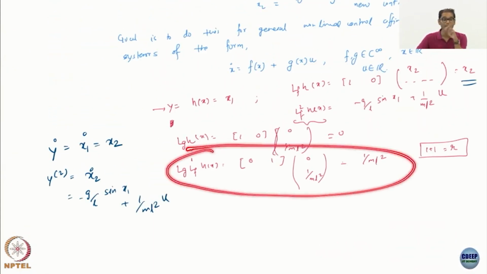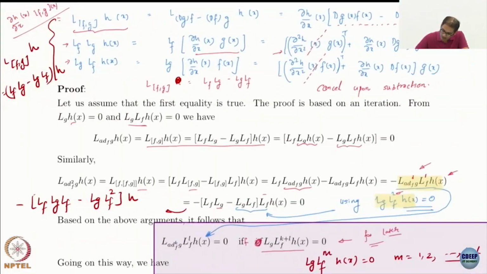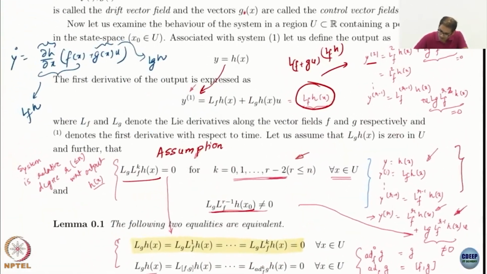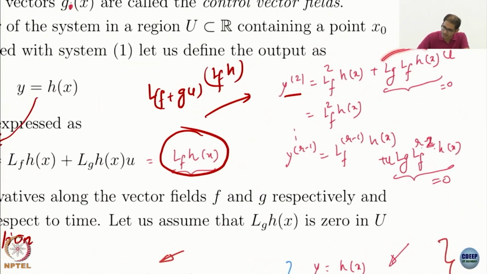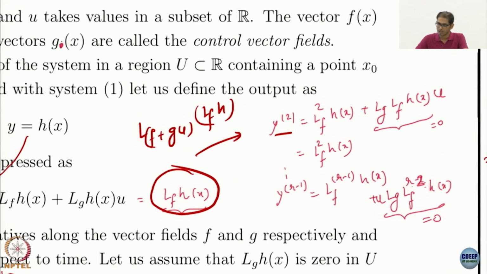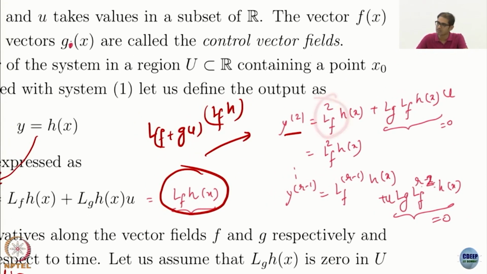As soon as LG LF h becomes non-zero, you see, I just did this: the second derivative contains LG LF h. LF squared h is non-zero already, but LG LF h is non-zero. So in the second derivative, control showed up because this term became non-zero.